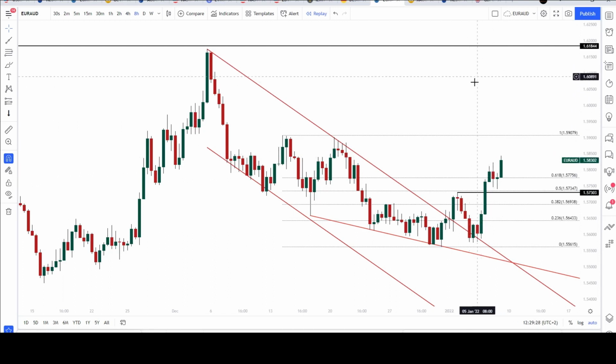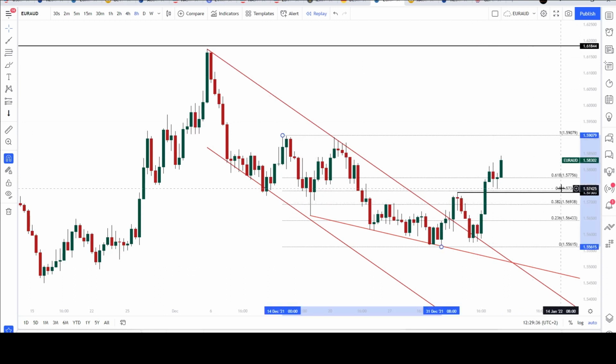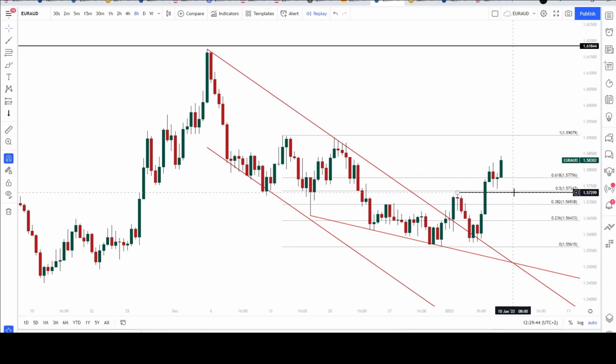So at the time of this analysis, I was saying that because we have these factors here, and the 50% Fibonacci retracement level coinciding with this same level, that's why this is a key level, and if the price retraces back to this level, it actually makes sense to look for longs.